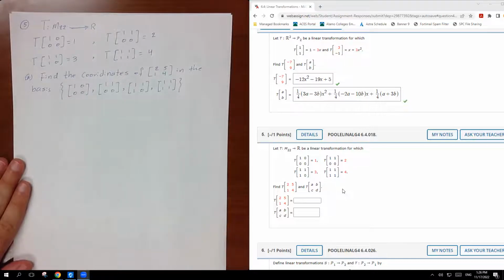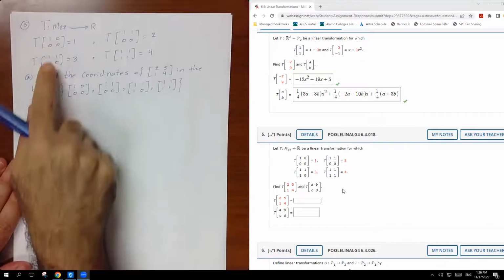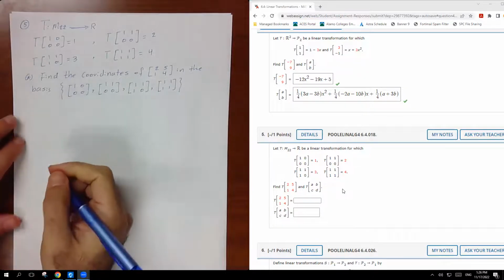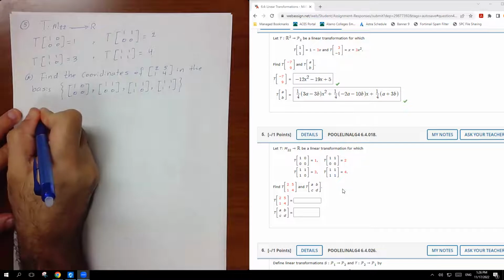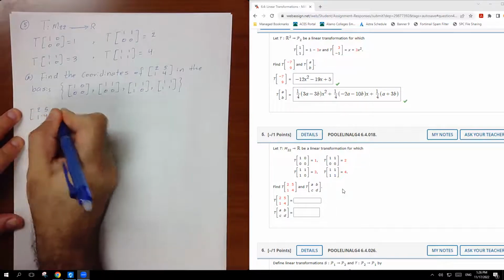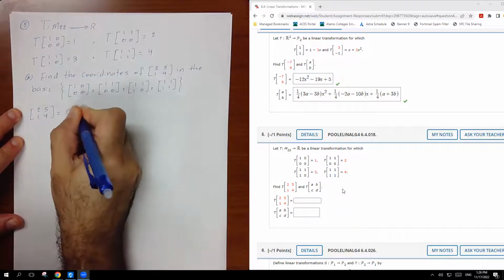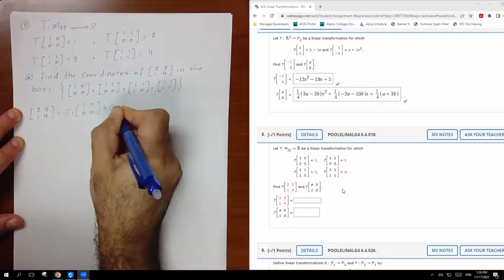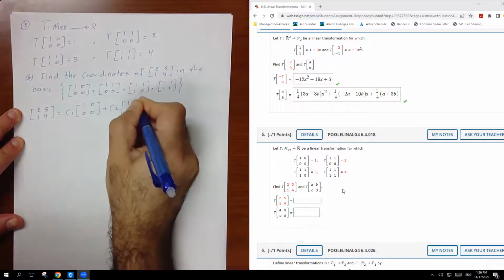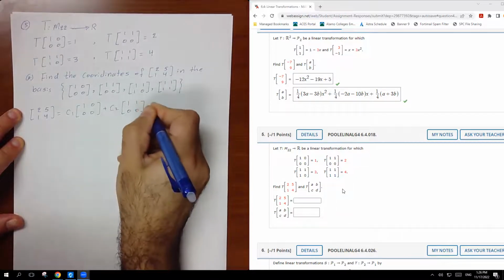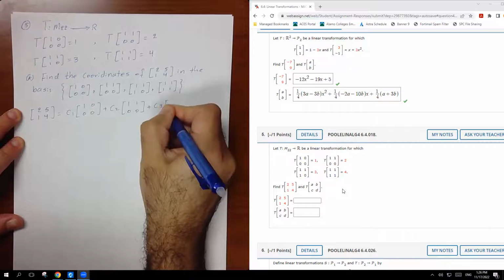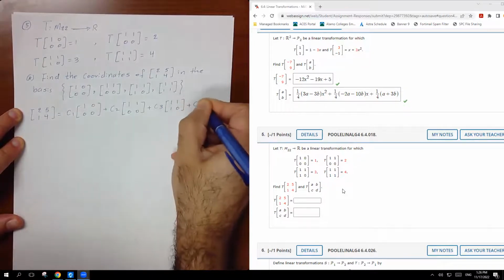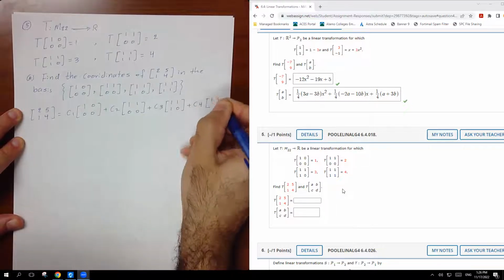So in the basis, which is the matrices here, (2, 5; 1, 4) is going to be equal to c1 times (1, 0; 0, 0), plus c2 times (1, 1; 0, 0), plus c3, which is (1, 1; 1, 0), plus c4, which is (1, 1; 1, 1).